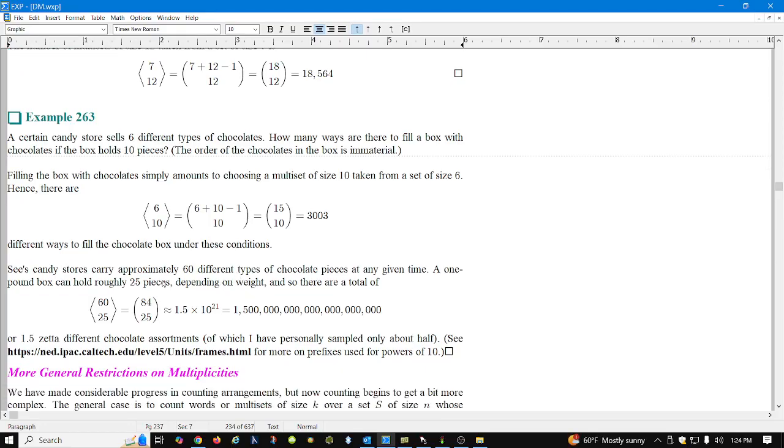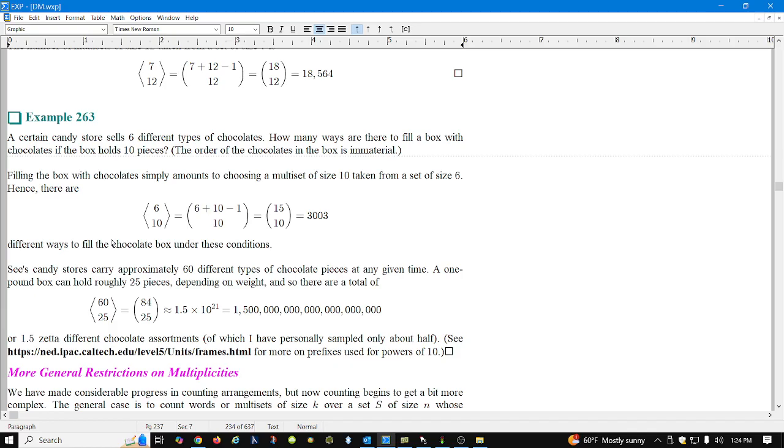Now I'll get serious here. See's candy stores, which are, I think, ubiquitous in the United States, carry approximately 60 different types of chocolate pieces at any given time. The amount fluctuates with the season, introduction of new types, and so on, but let's just say it's about 60. A 1-pound box can hold roughly 25 pieces.